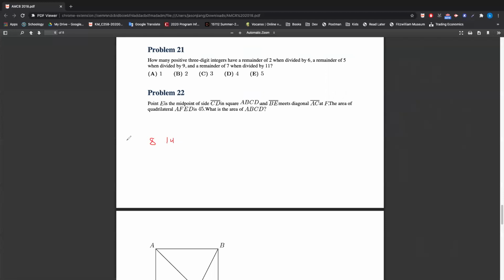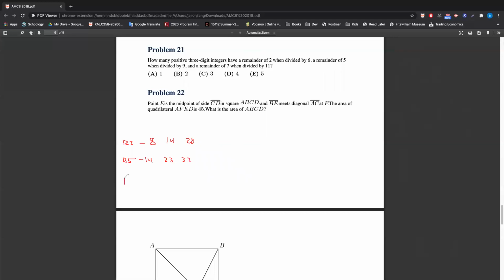So this is remainder 2 when divided by 6. So this would be 8, 14, 20, and so on. Remainder of 5 when divided by 9: 14, and then 23, 32, and so on.